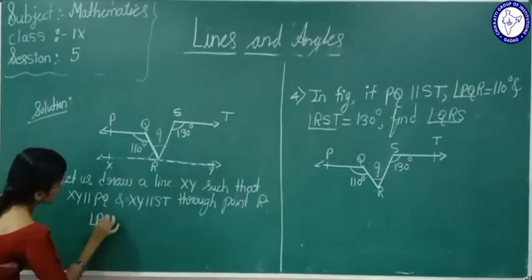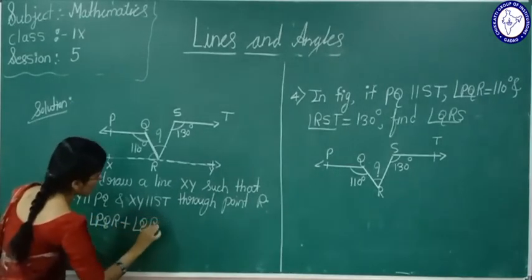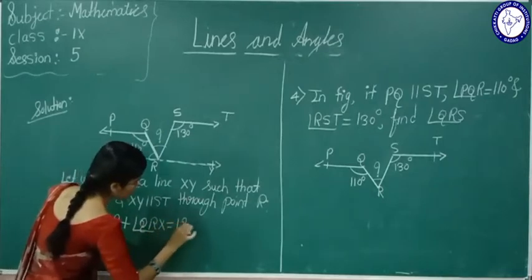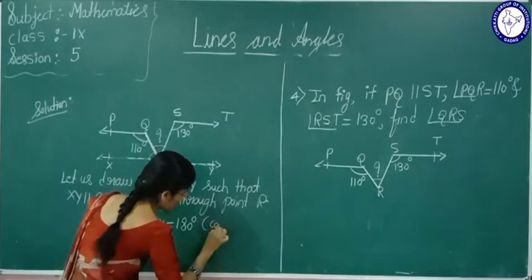Angle PQR plus angle QRX is equal to what? 180 degrees. So what is the reason?